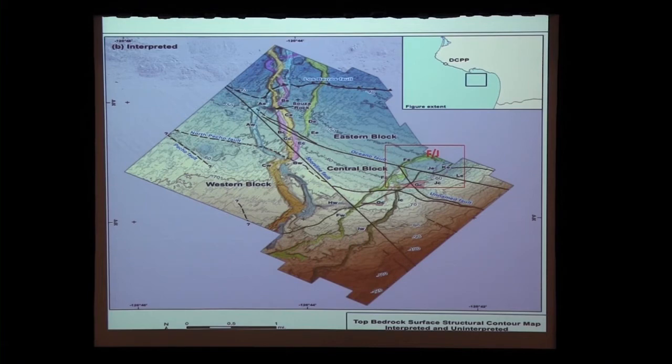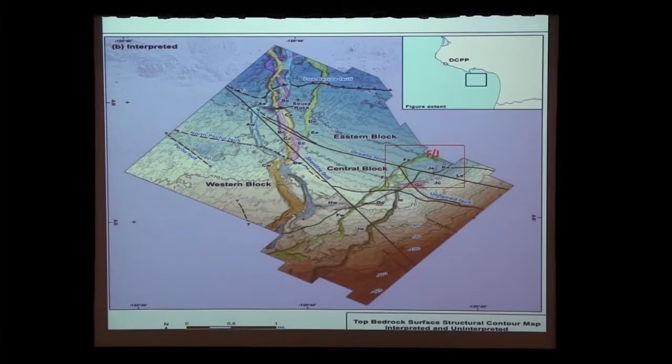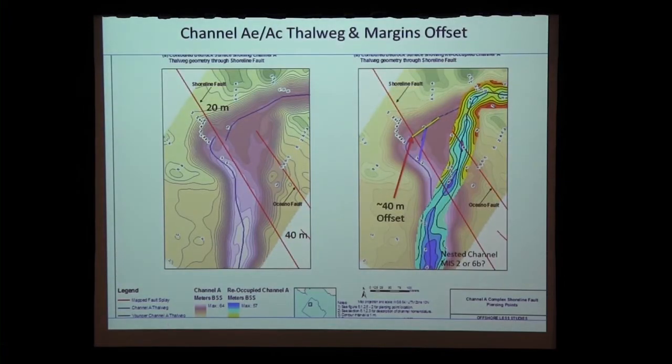Gary, I'm typing over my old notes. Can you go back to the figures showing your preferred offset amounts for channel A? Okay, let's see here. There, that slide.